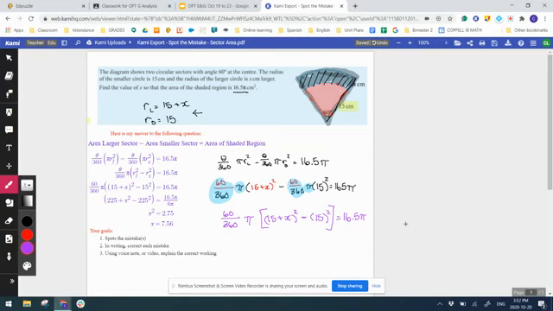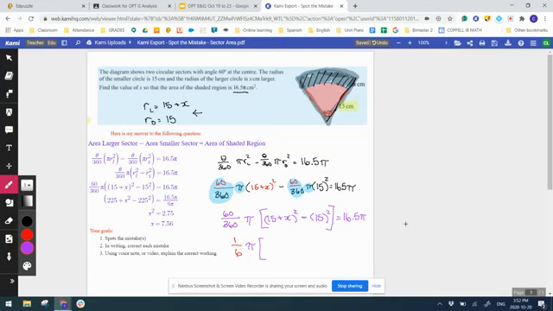So now I can simplify this fraction. 60 over 360 can be simplified to 1/6. We're going to keep the pi. And then I'm going to start expanding out what's in the bracket.